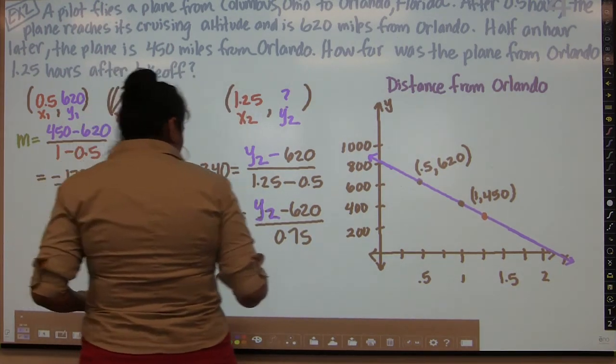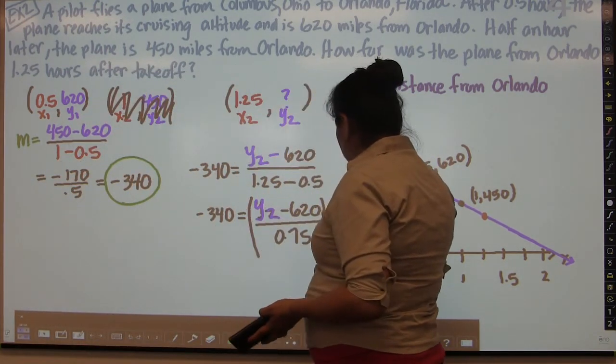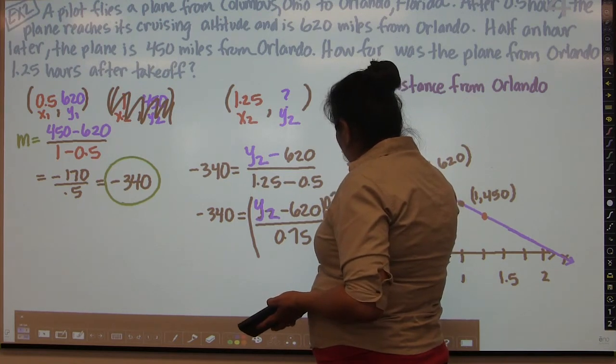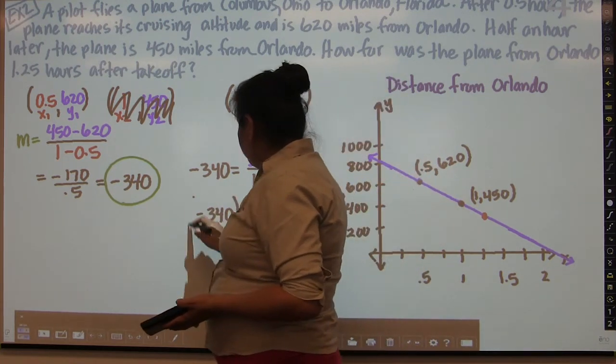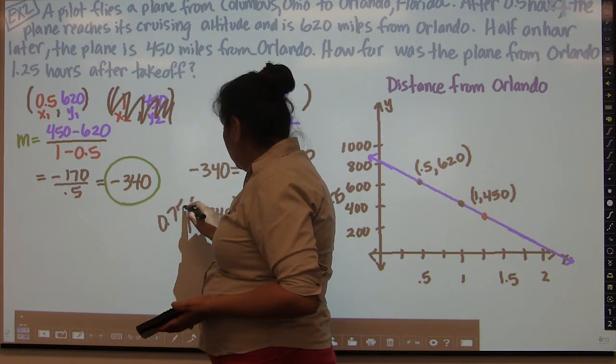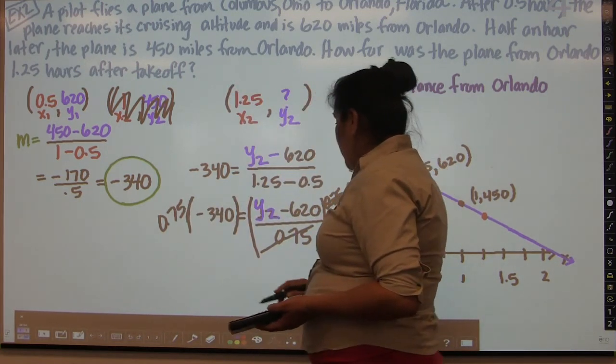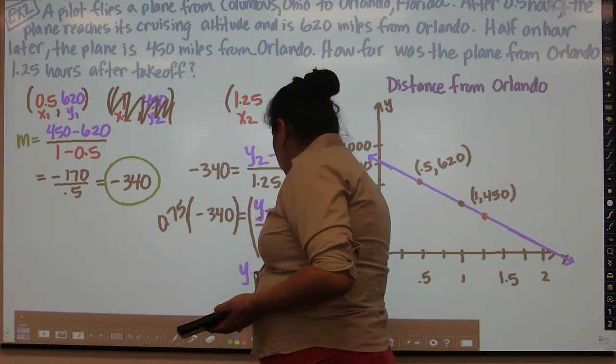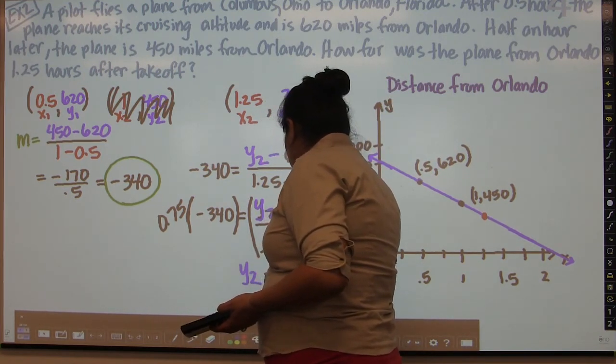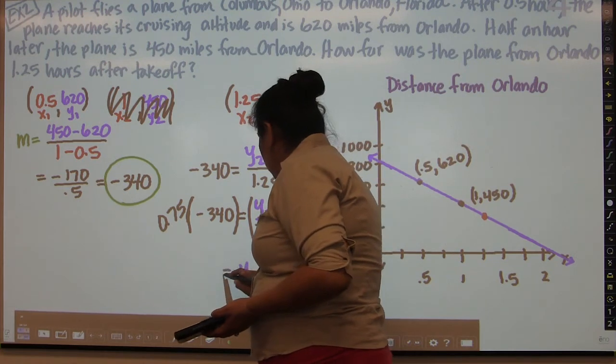Then we multiply both sides of the equation by 0.75 so that these 0.75s cancel, leaving us with y2 minus 620 on the right side.